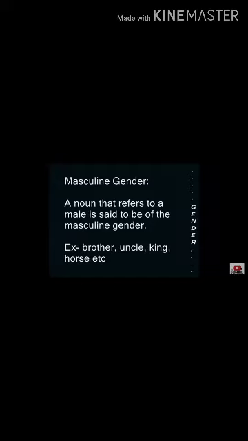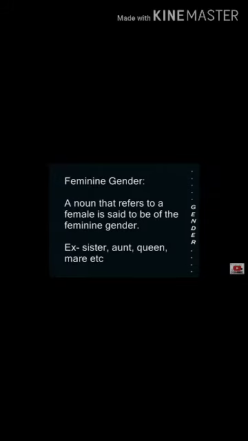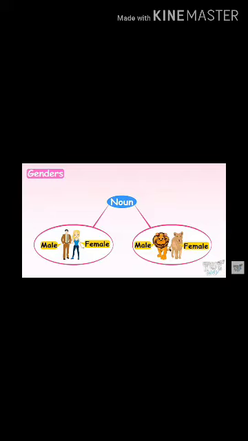First is masculine gender, that we have studied. A noun that refers to a male is called masculine gender, like brother, uncle, father. Now feminine gender: a noun that refers to a female is said to be of the feminine gender, like sister, aunt, queen, mayor.